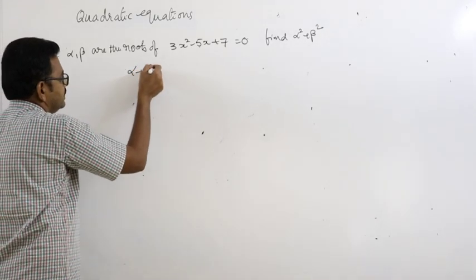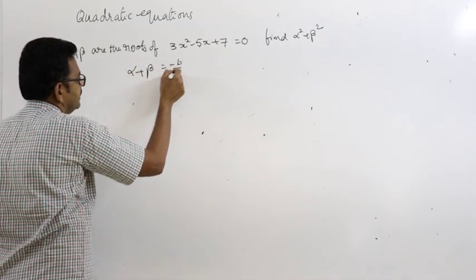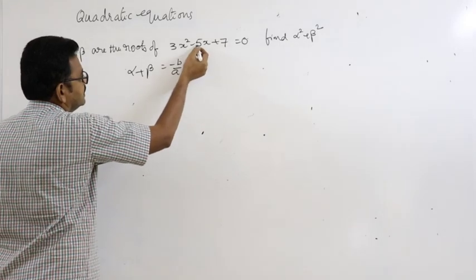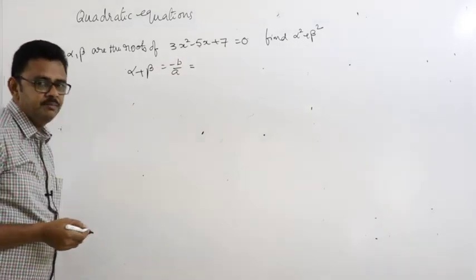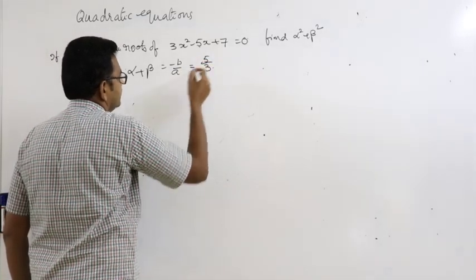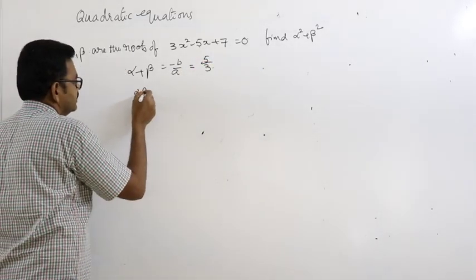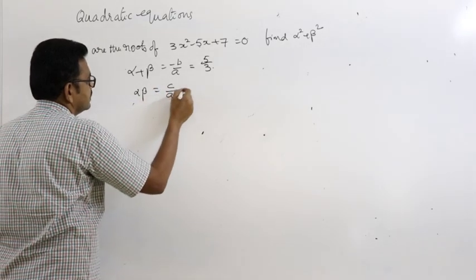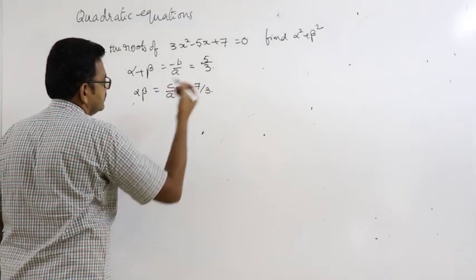Alpha plus beta is equal to minus b by a. That is, b is minus 5, minus b is plus 5, so this is 5 by 3. And alpha beta is equal to c by a, that is 7 by 3.